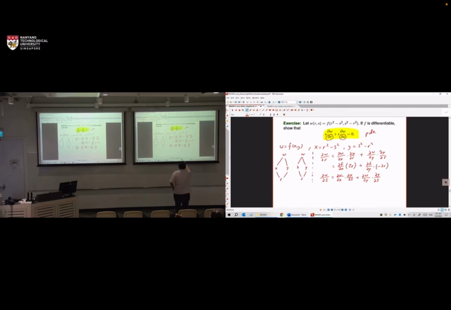You follow the lines: del W del X del S, del W del Y del S. Once you confirm the formula is correct, you sub in, so you have del F del X times minus 2S plus del F del Y times 2S.